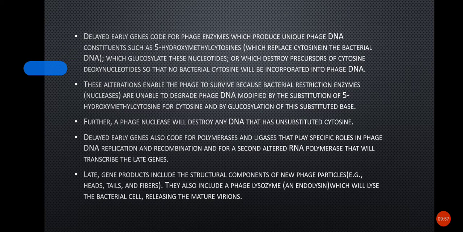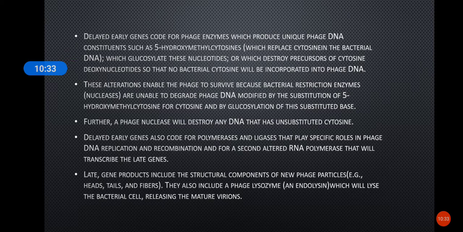So due to these delayed early genes, the phage DNA can survive, because the bacterial restriction enzymes or nucleases cannot degrade phage DNA that is modified by the substitution of 5-hydroxymethyl-cytosine for cytosine and by glycosylation of the substituted bases. So it helps in the survival of the phage DNA.